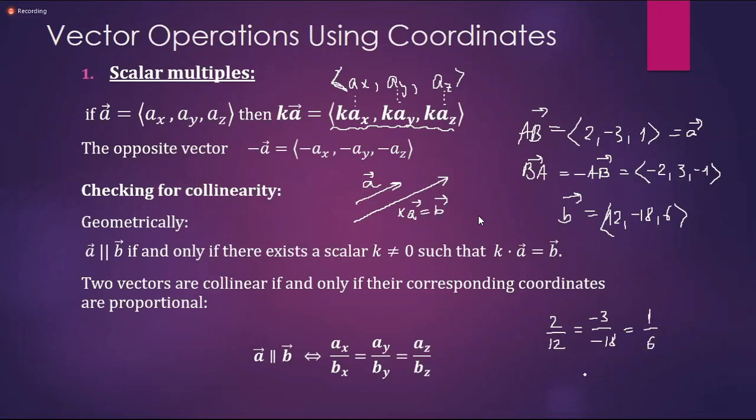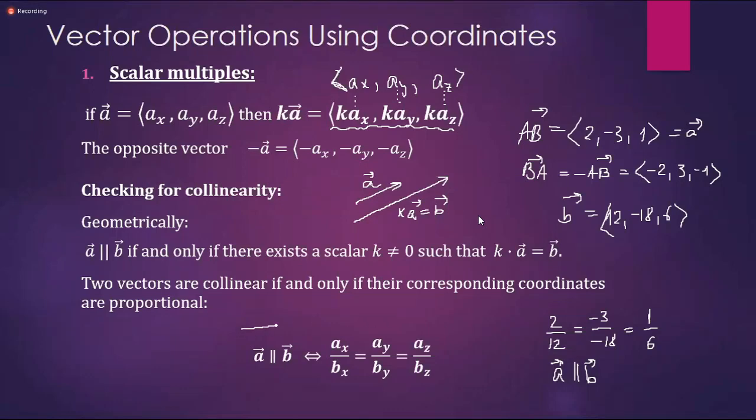These ratios are exactly the same. So I check and say, yes, the vector A is indeed collinear to the vector B. If even one of these ratios is not the same as the other two, then we say no, these two vectors are not collinear.